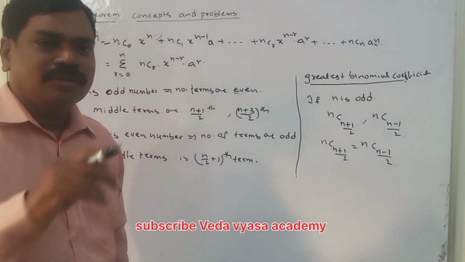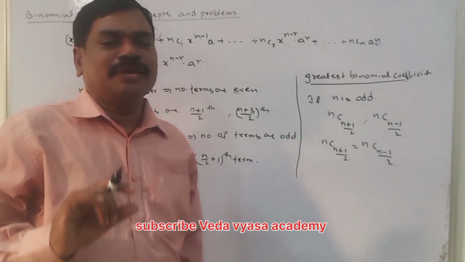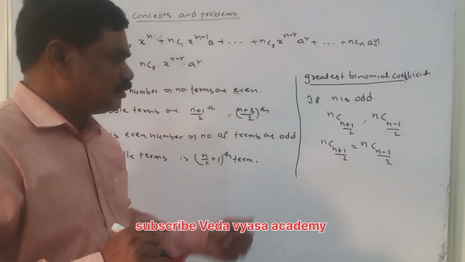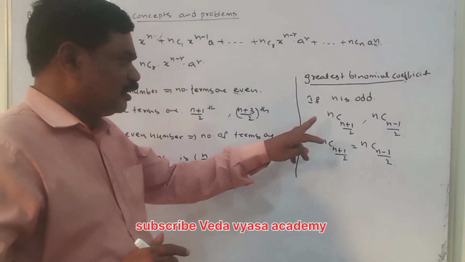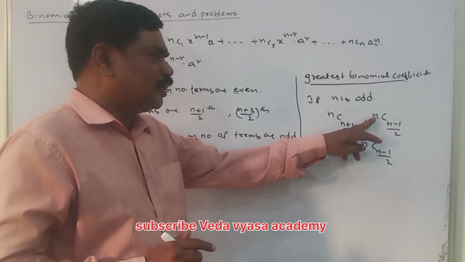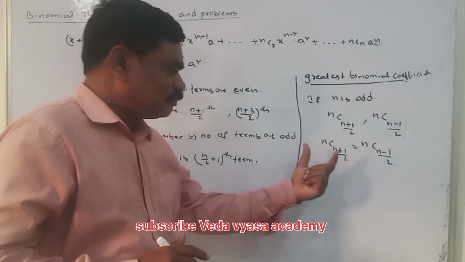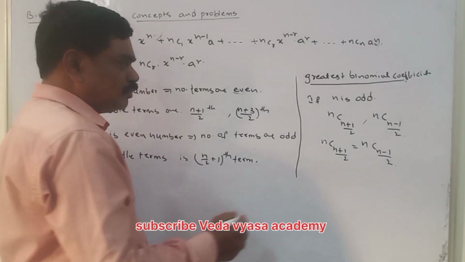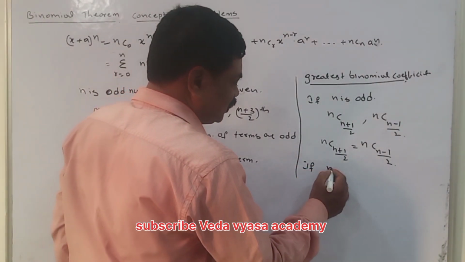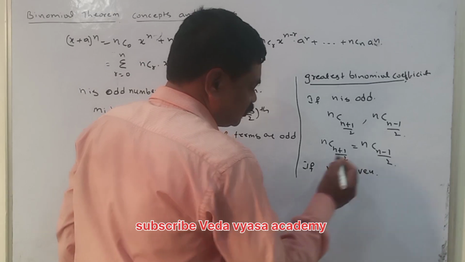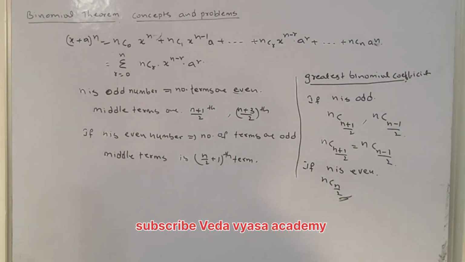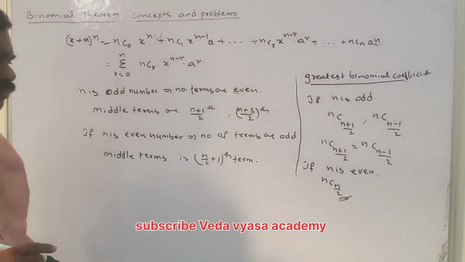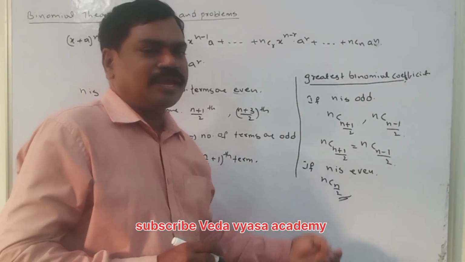If n is odd, the number of terms in the binomial expansion is even, so two greatest binomial coefficients are there, and these coefficients are equal. If n is even, only one greatest binomial coefficient, that is nC(n/2).